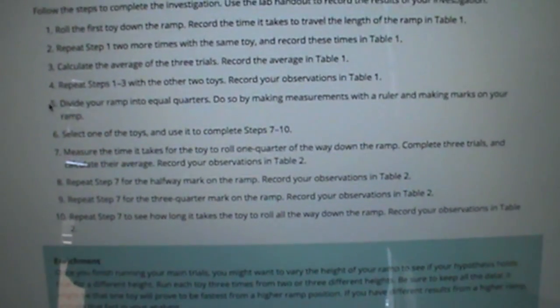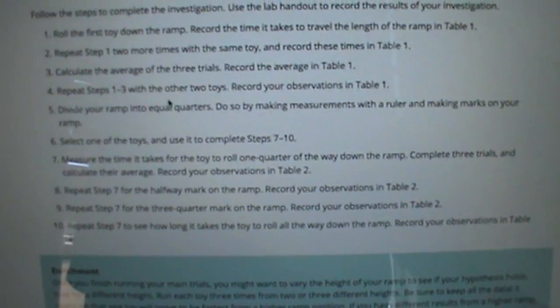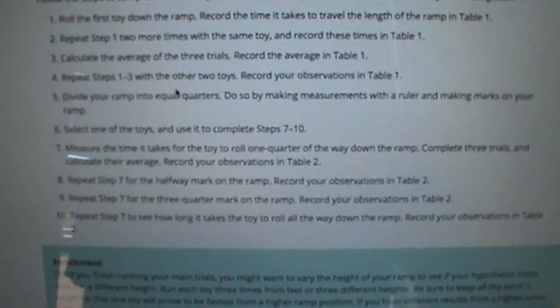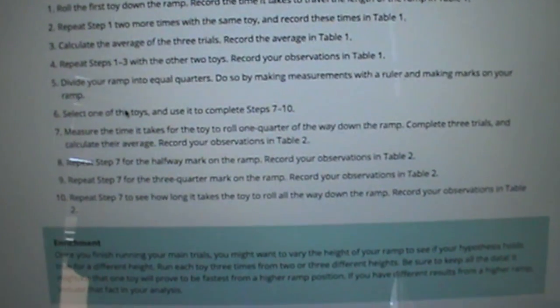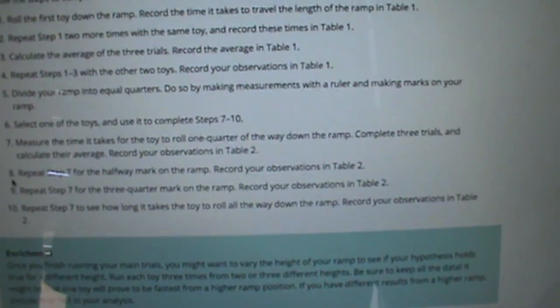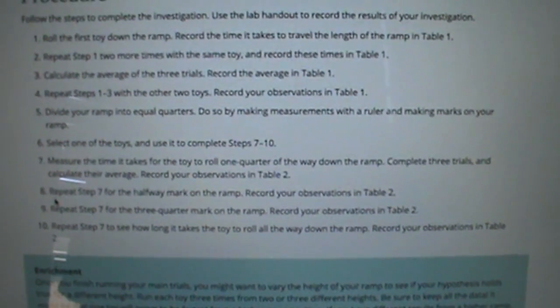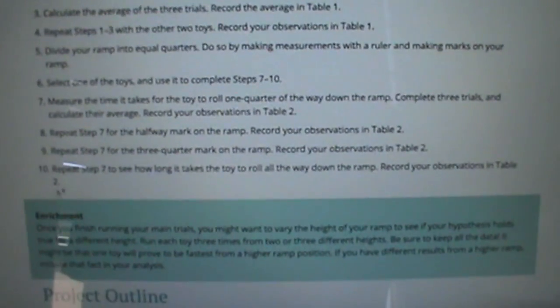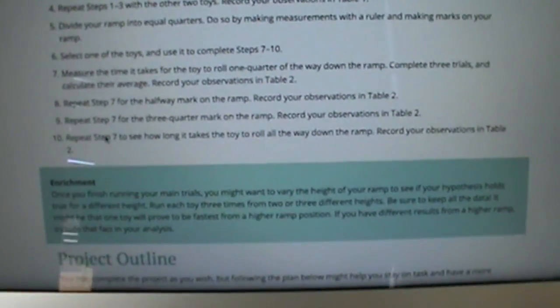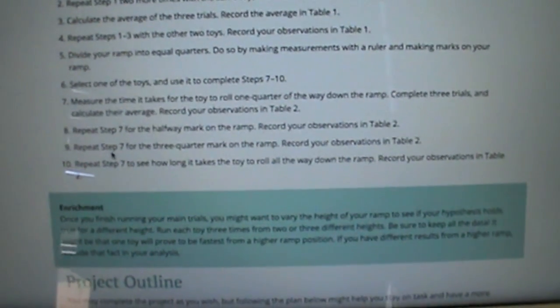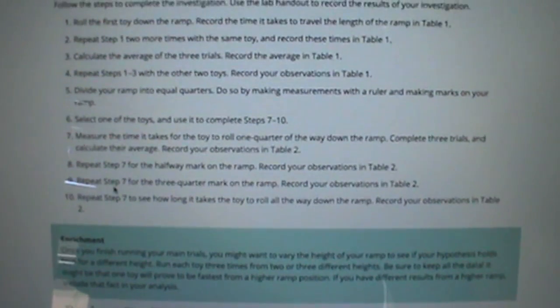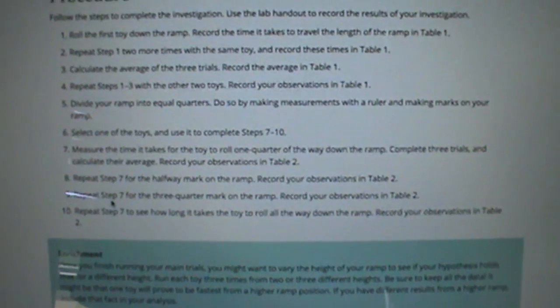I've already divided my ramp into quarters. I showed you that on the ramp. And then pick one of the toys. Then you're going to measure how far it goes in 1/4 of the time, and then try again and do half of the way, and so on and so forth, all the way until you're done. You're going to record that information in that data table.